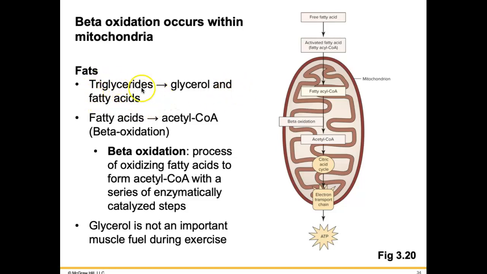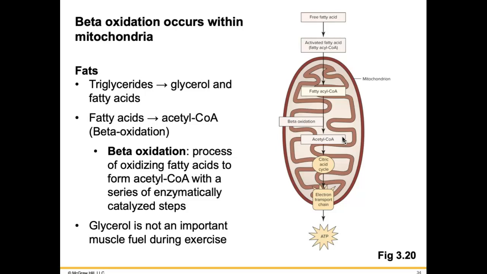And we can utilize those fatty acids to convert it into acetyl-CoA. And this process is beta oxidation. And you could see that illustrated over here, where we end up with acetyl-CoA.